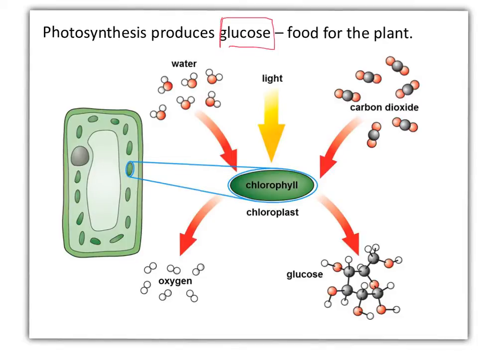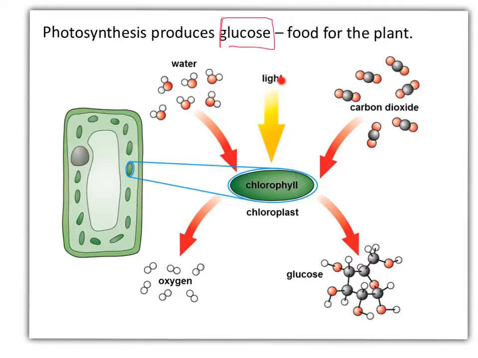Essentially what happens is photosynthesis takes place in the leaves in an organelle called the chloroplast. Now the chloroplast contains chlorophyll, which is a green pigment which absorbs the sunlight.